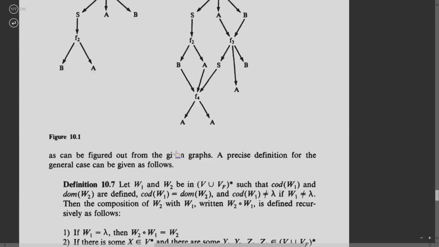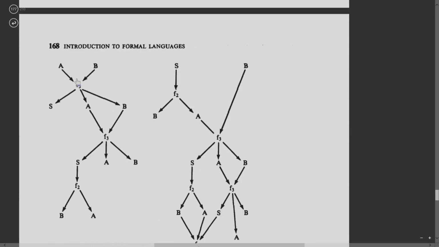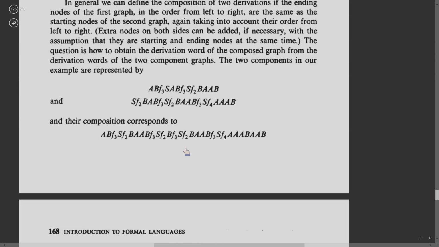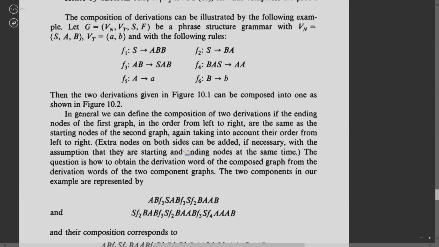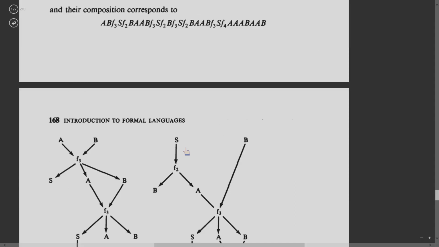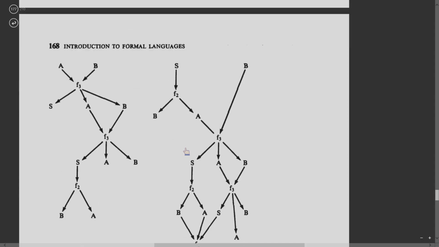For example, AB on application of F3 gives this, then F2, and so we have clubbed both of the derivations into a single derivation graph. If you watch it carefully, you will observe the usage of both these graphs. So composition gives you the composing of multiple derivations.